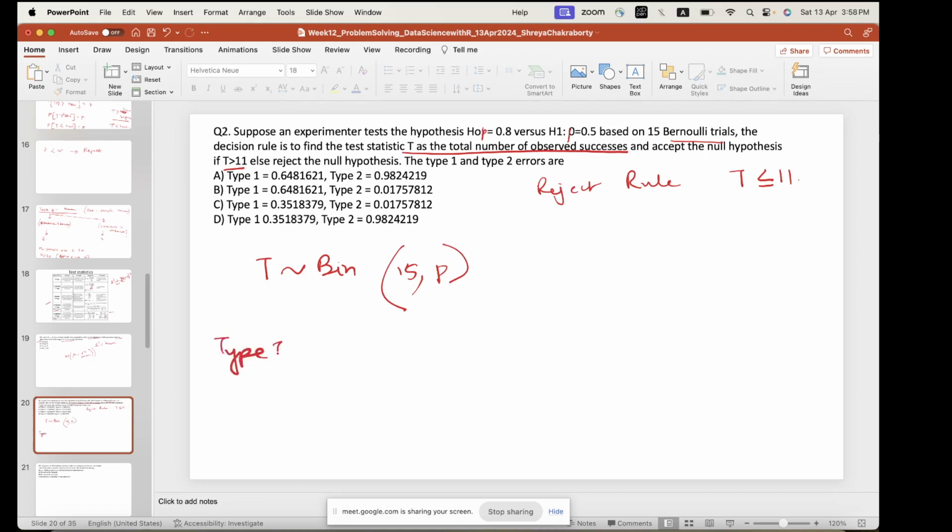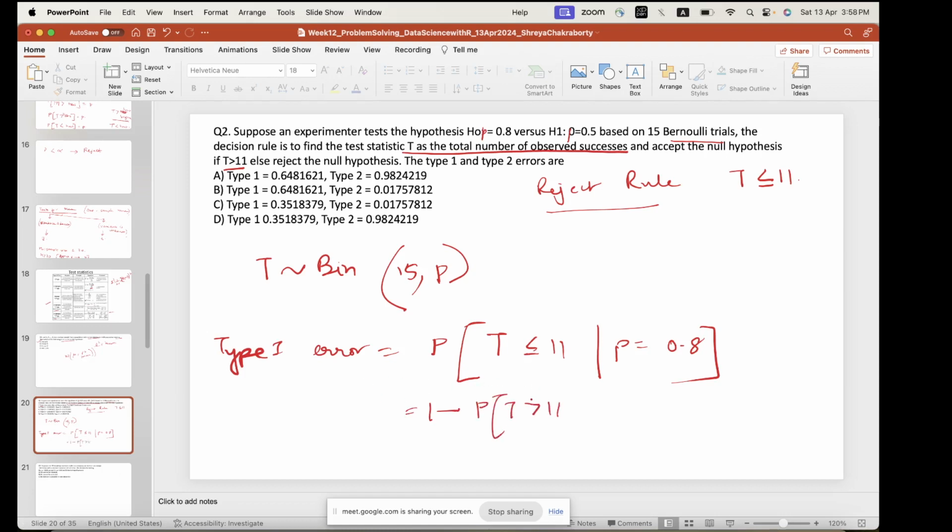So type 1 error is actually probability of rejecting the hypothesis given H naught is true. So probability T less than or equal to 11 given H naught is true, that is p equal to 0.8. Okay, this is actually 1 minus probability T greater than 11 given p equal to 0.8.